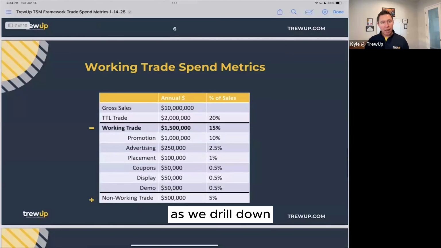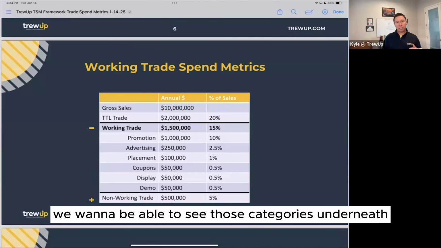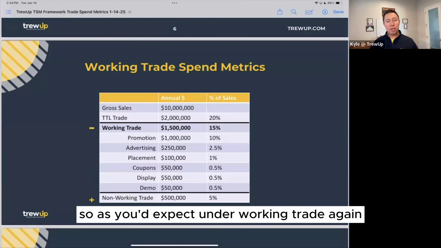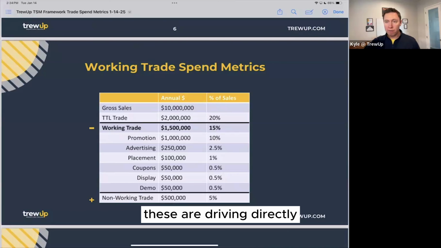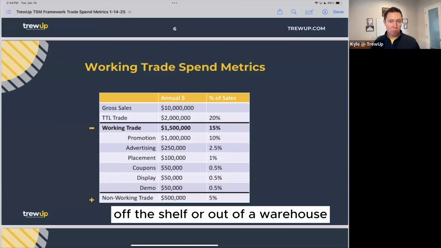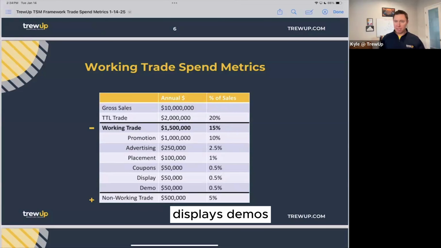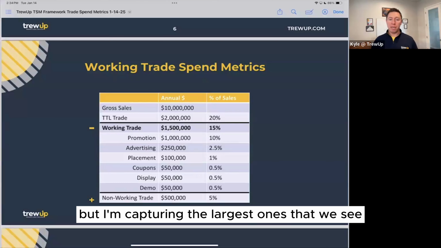As we drill down, we want to be able to see those categories underneath. So as you'd expect, under working trade, again, these are directly impacting the sales of product off the shelf or out of a warehouse. And here we have promotions, advertising, placement, coupons, displays, demos. There may be more, but I'm capturing the largest ones that we see.